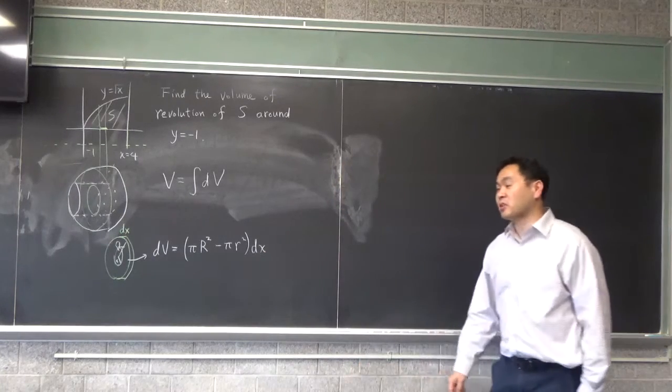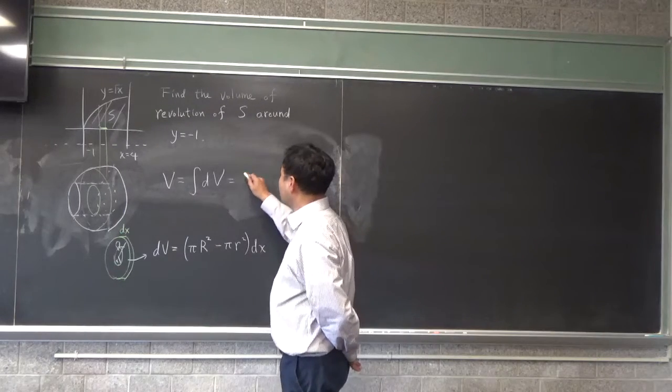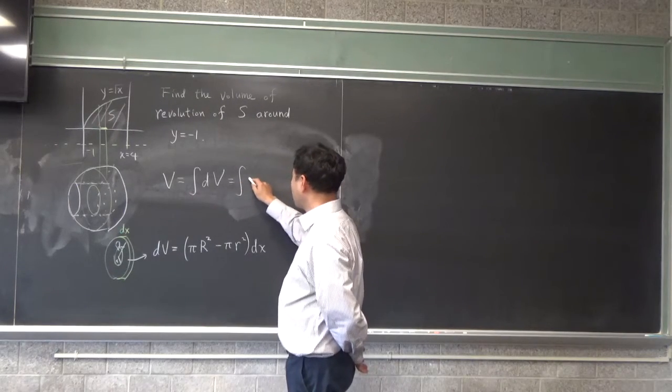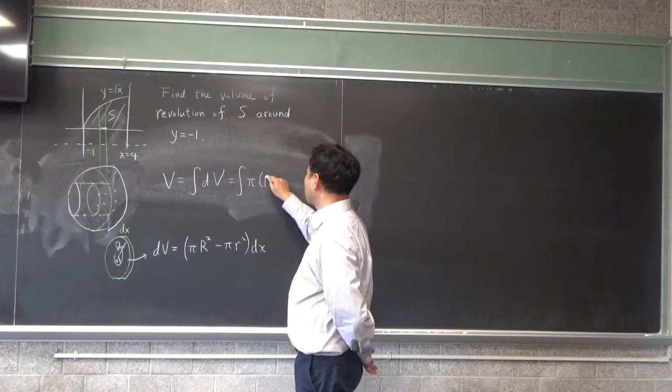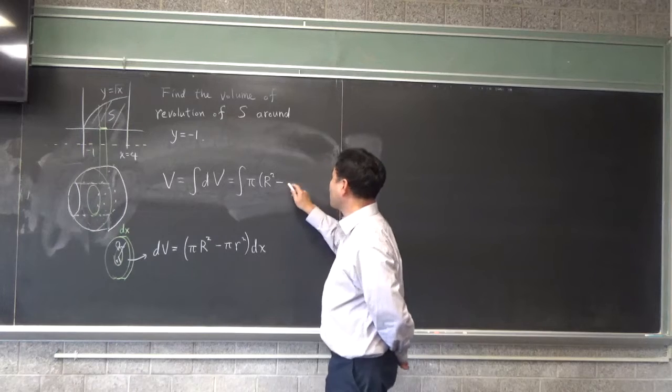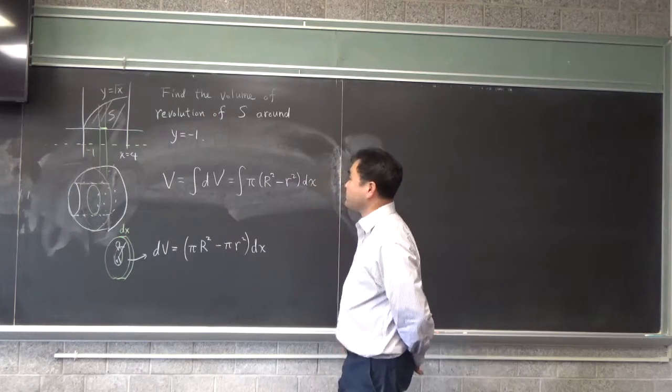So that's going to be our dV. And we write it now in this format. Let's factor the pi out so that it looks like pi times big R squared minus small r squared dx.